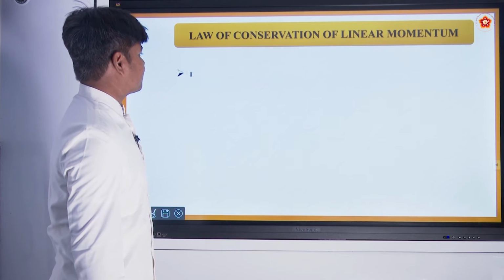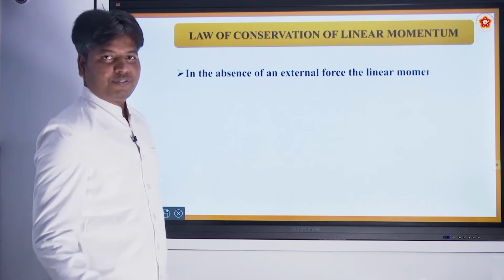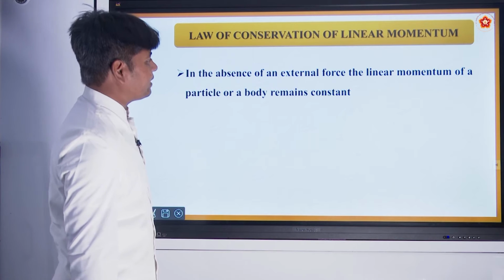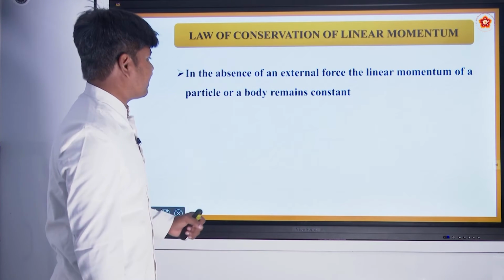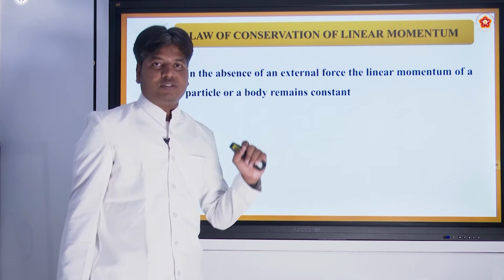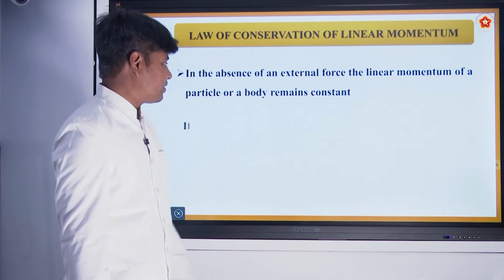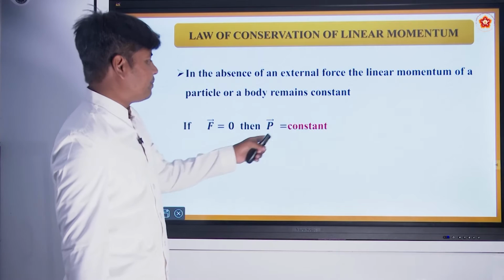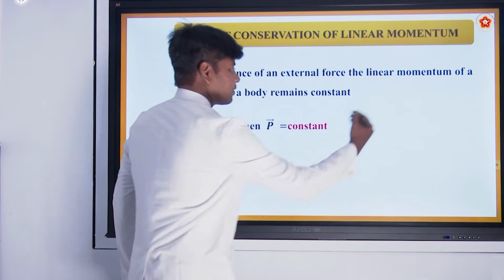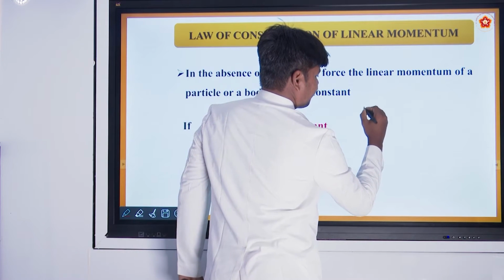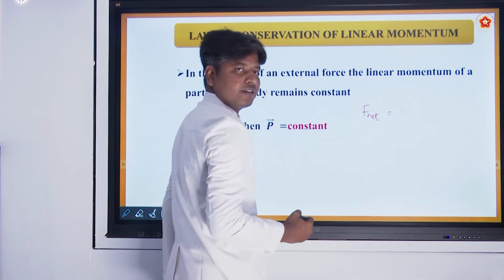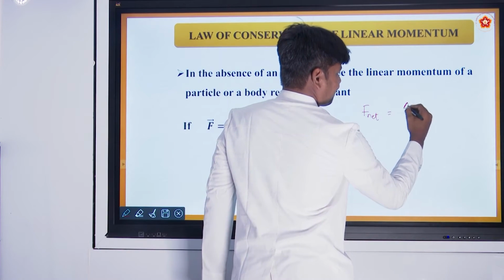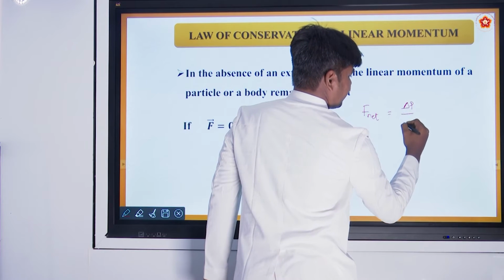Now, in the absence of any external force, the linear momentum of a particle or a body remains constant. How is that? If F is 0, then P is constant, right? Let us see. F net according to Newton's second law is delta p by delta t.